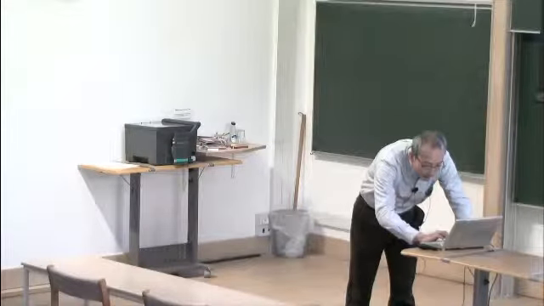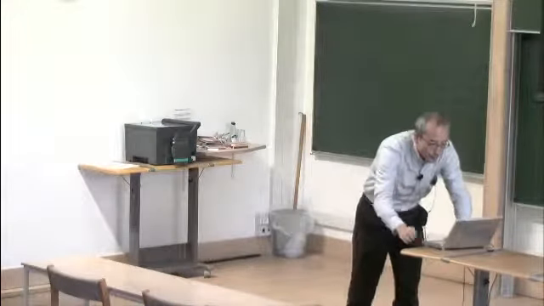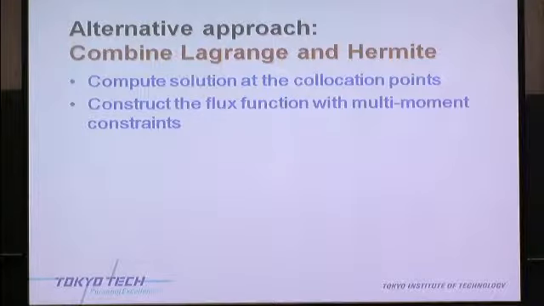In the Hermite interpolation, you would also need the information about the derivatives and averages, etc. Yes. And in the final thing you said, you're combining these two, Lagrange and Hermite. I'm wondering, how do you combine that? Yeah, and this is what we do here.